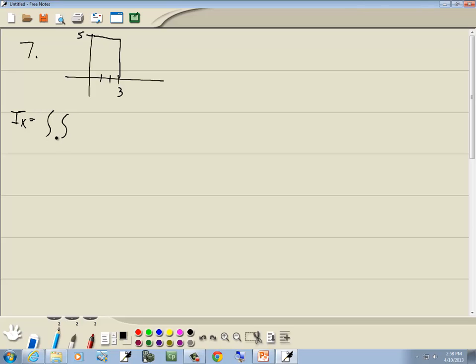So this is going to go from x equals 0 to x equals 3, and this will go from y equals 0 to y equals 5.